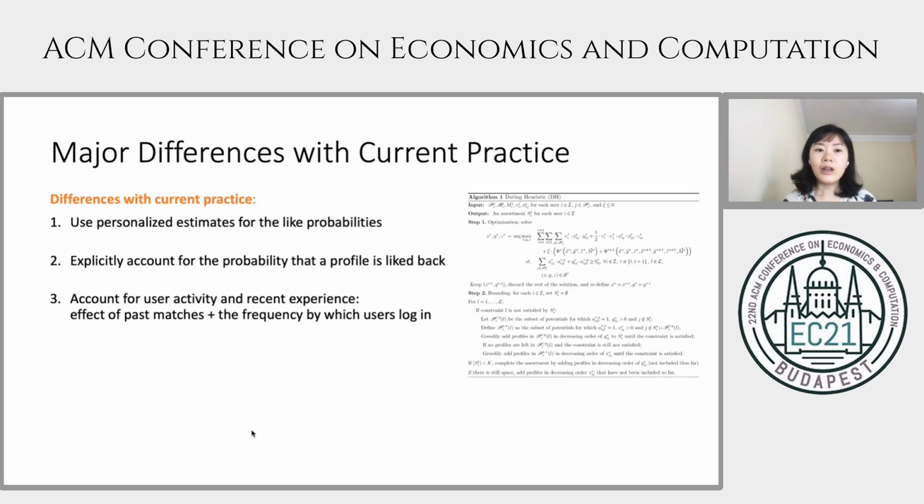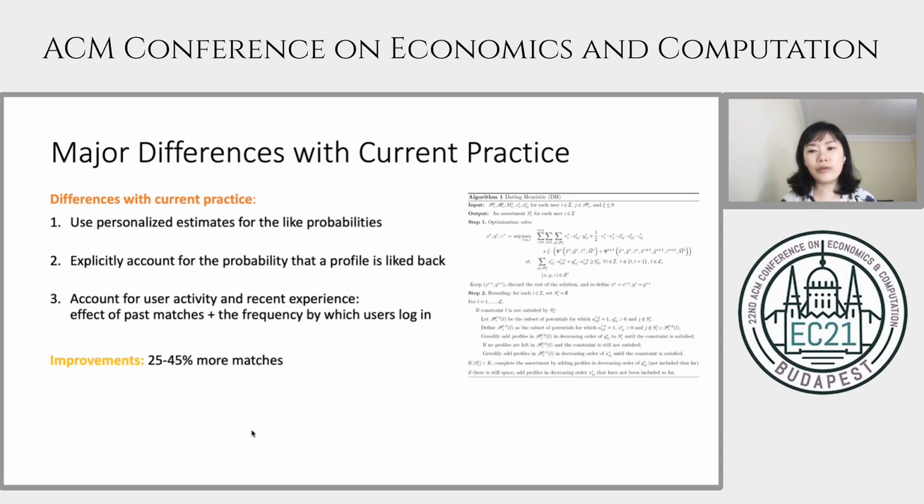Number two, we explicitly account for the probability that a profile is liked back, so we're maximizing the number of matches, not just one-directional likes. And then we also account for user activity and recent experience through the dynamic effect that we estimated, and also the frequency by which the users log in.